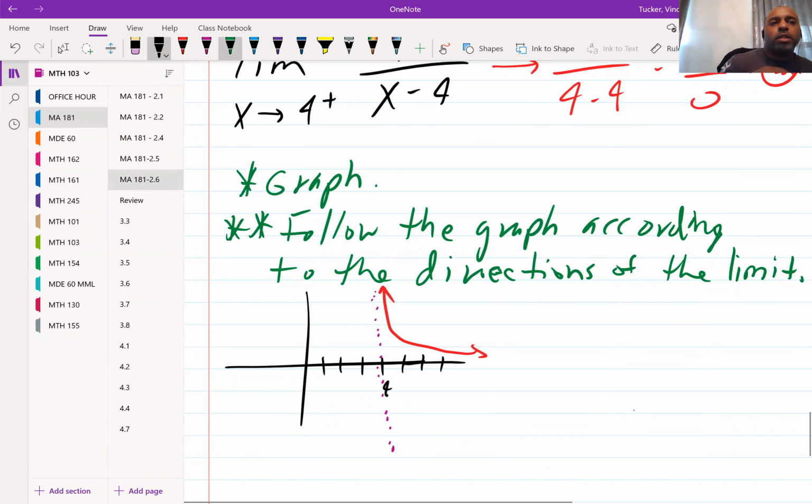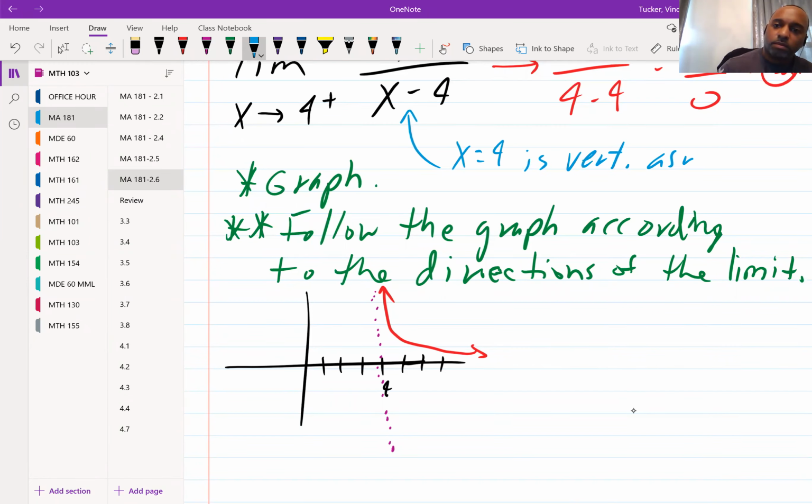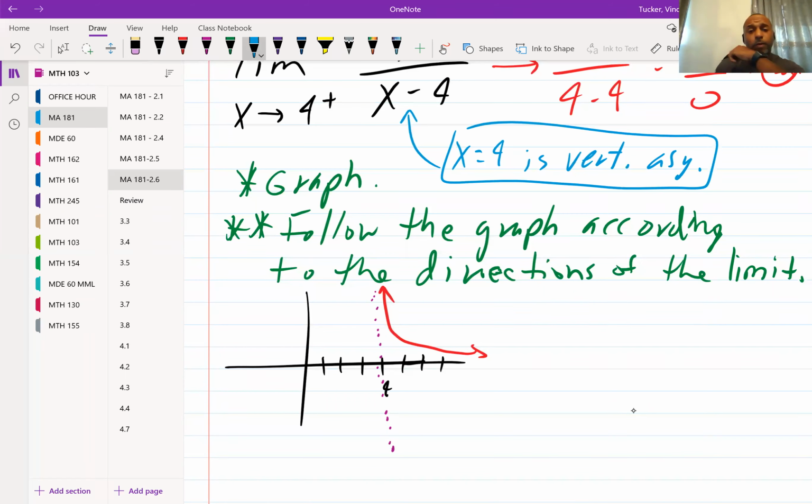And no, we didn't talk about it in this class, but we talked about it in pre-calc. Where's my blue? Yeah. x equal to 4 is a vertical asymptote, so the graph is not going to cross that line.